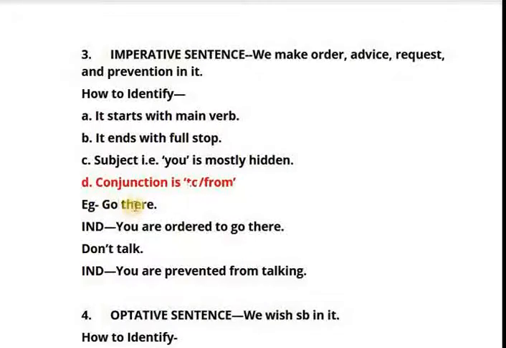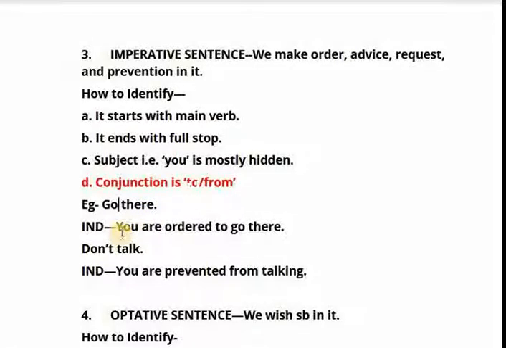You go there should be the right sentence, but go there is also making sense, and you always tell this kind of thing in speeches or in writing. Go there, come here, don't go there. These are the things which you always tell to people.